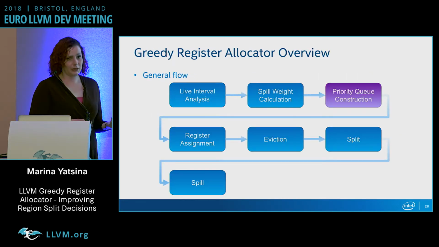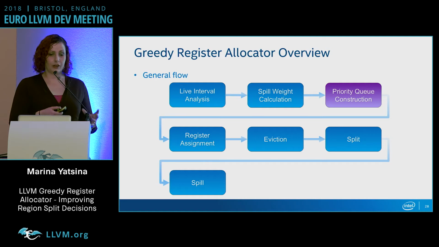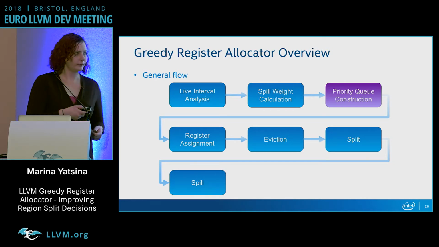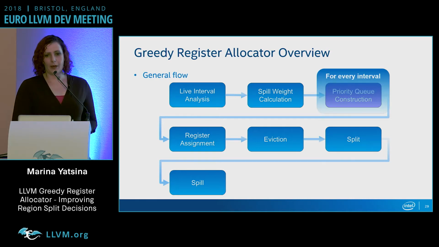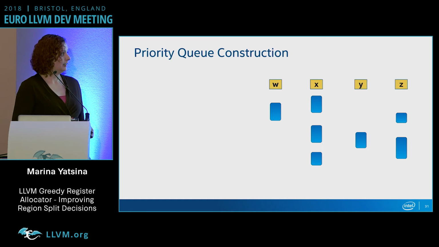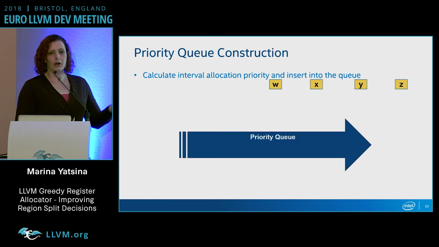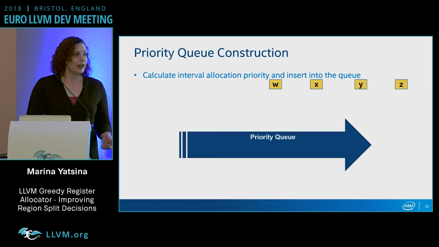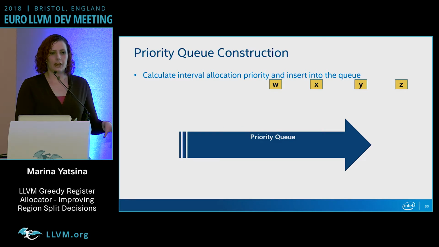Now, the next phase we're going to do, after we calculated the weights of all the intervals, is to put them all in the priority queue. So this also happens for all the intervals. Now, these are the intervals. This is the priority queue, and now we're going to insert each interval one at a time, also based on interval characteristics. This priority queue determines the allocation order. It's not the same as the spill weight we just calculated. It's something different.